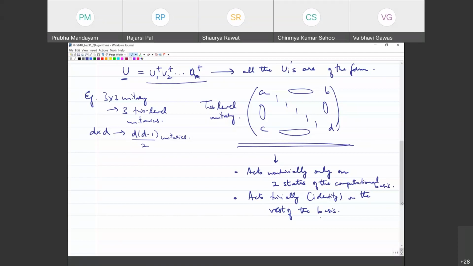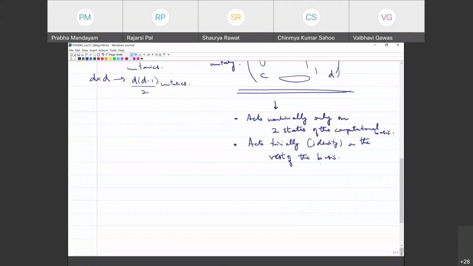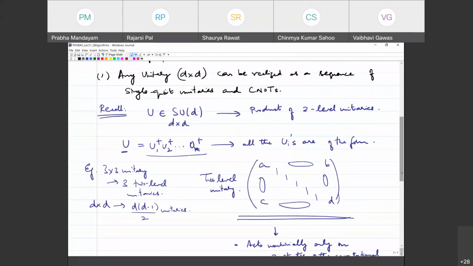Now I'm just going to show you a simple circuit as to how a two-level unitary can be implemented. So the next part of this statement, if I call this 1A, this is 1A.